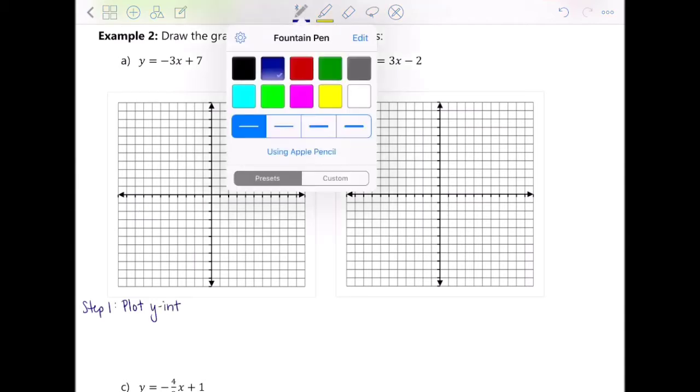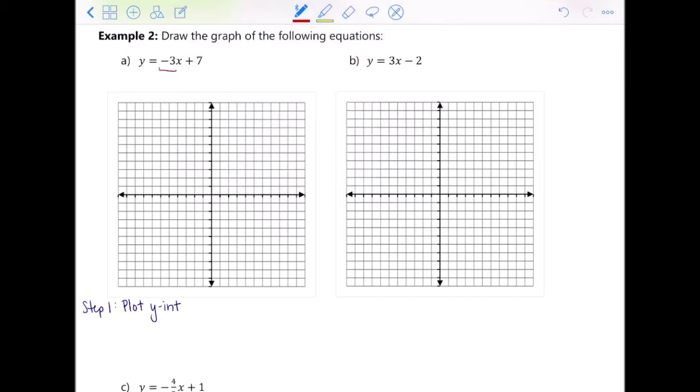Notice that we are given what the slope is and what the y-intercept is. This is slope, and this is y-intercept. So the y-intercept is at 0 and 7.